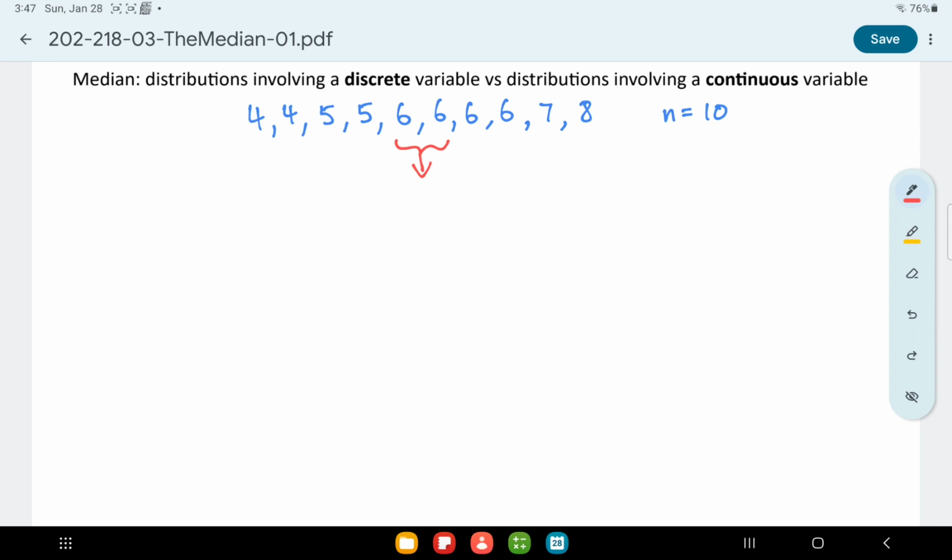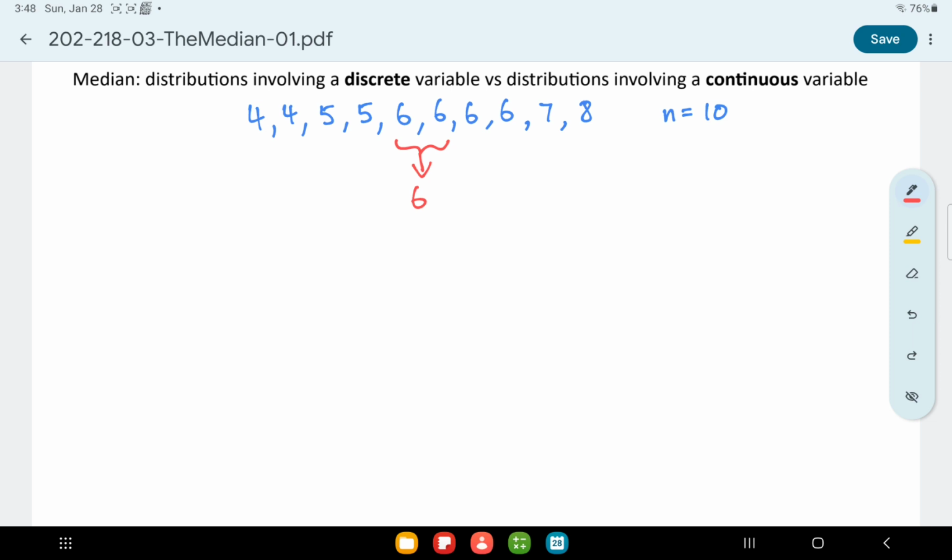Six plus 6 equals 12. 12 divided by 2 is, again, 6. So in the situation when the two numbers are both the same, well, the median is that number itself.